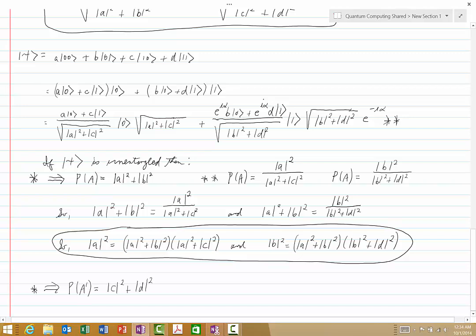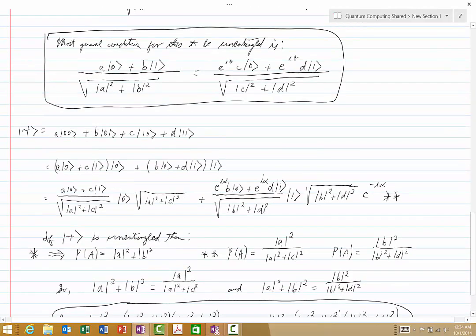And on the other hand, if we look at star star, which is right here, and look at the probability that Alice measures 1.